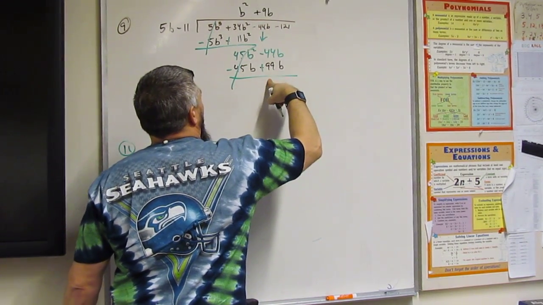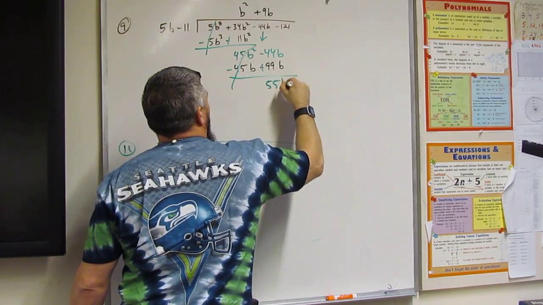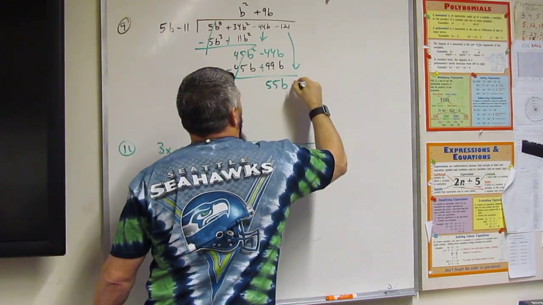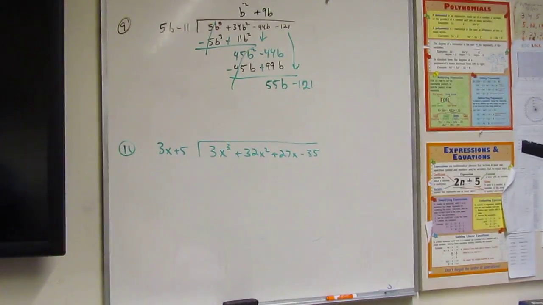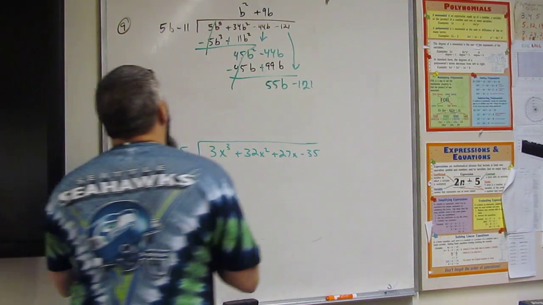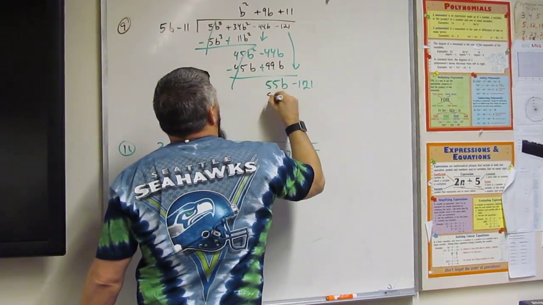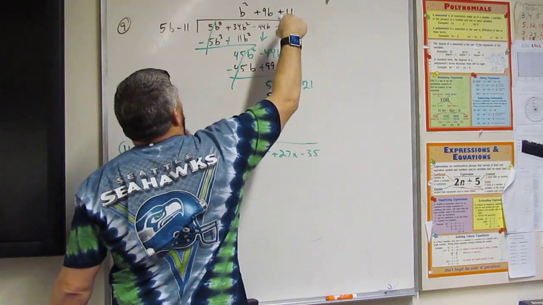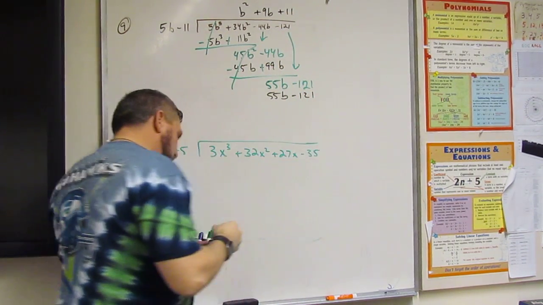This becomes a 5, and this becomes a 55b now. This comes down, so we got minus 121, right? And what times 5 is 55? 11. So 11 times 5 is 55b, and 11 times negative 11 is negative 121.